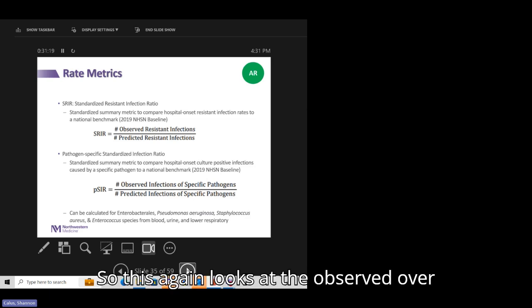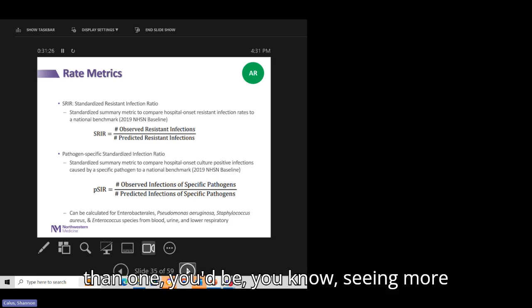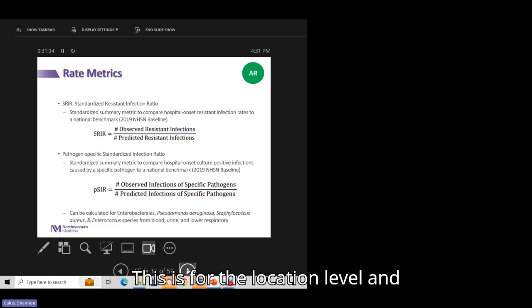So this, again, looks at the observed over predicted. So I think somewhat intuitive. So obviously, if it's higher than 1, you'd be seeing more resistant infections compared to what's predicted. Lower than 1, fewer infections compared to what's predicted. This is for the location level. And then the pathogen-specific standardized infection ratio.